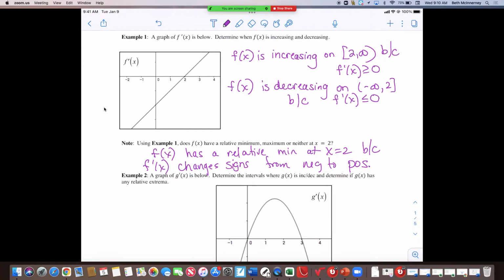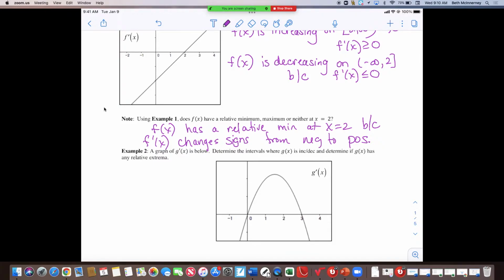And isn't that interesting, all that we got from the graph of f prime? Okay, so what we've done previously is we have looked at equations and found first derivatives and used that first derivative test. Now we can actually use a graph to get the information.